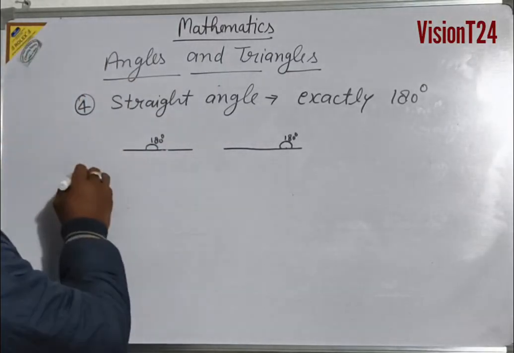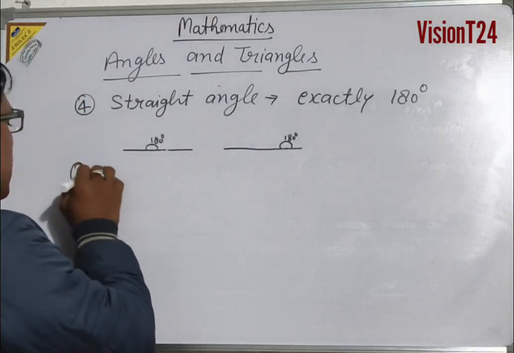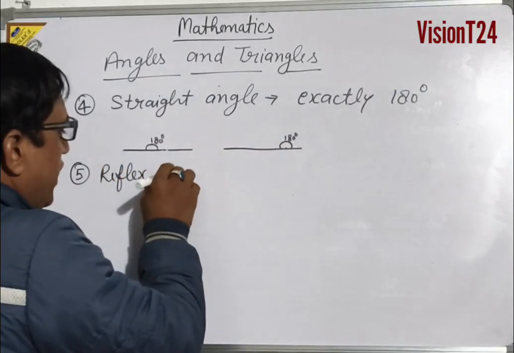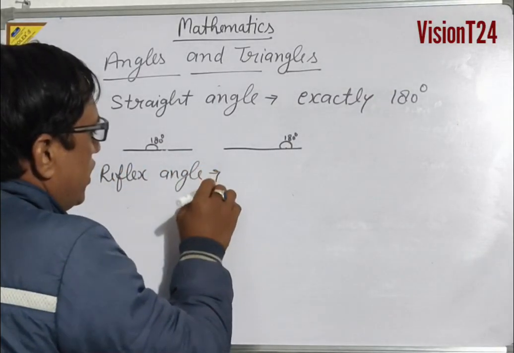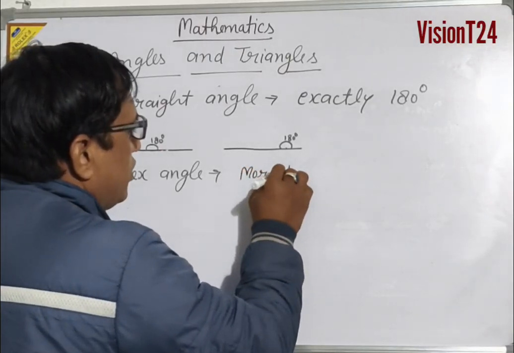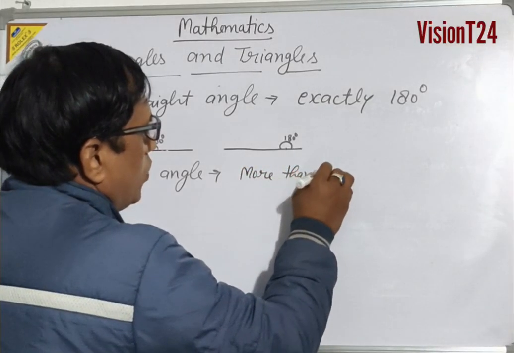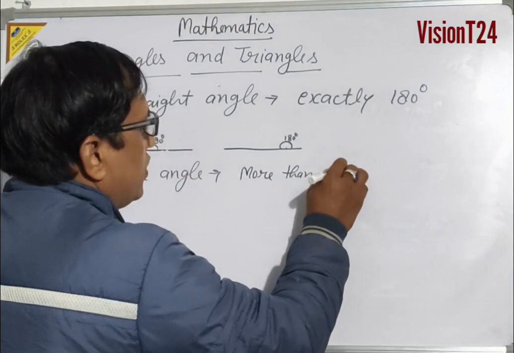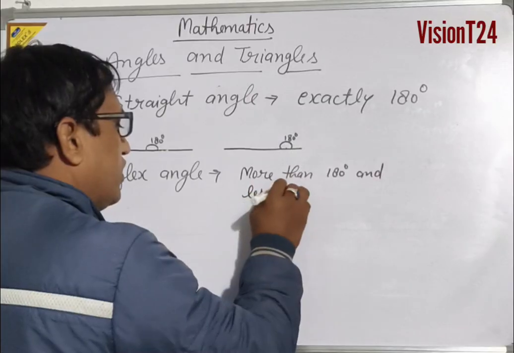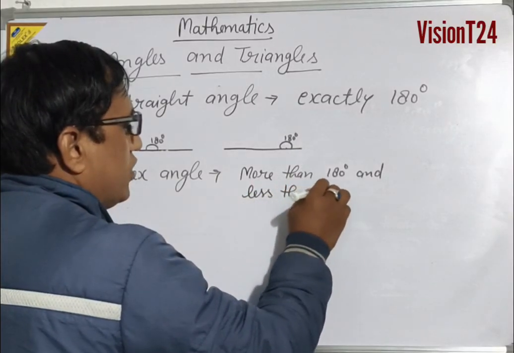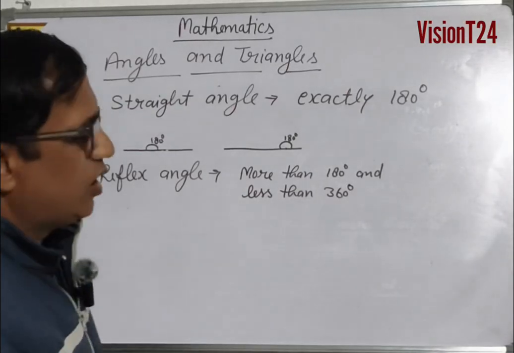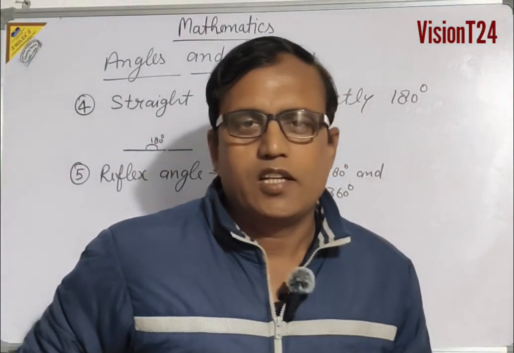Now comes the fifth angle, that is reflex angle. The reflex angle is more than 180 degree and less than 360 degree. So this type of angle is called reflex angle, class.